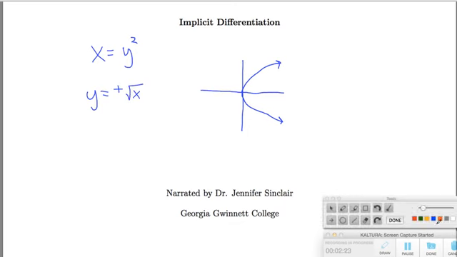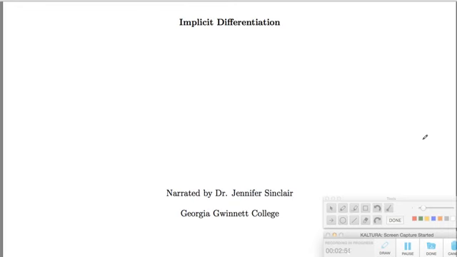The plus part, plus square root of x, would be this portion right here. And the minus square root of x part is the square root of x function flipped down, which would be the bottom part of the function. So if you're going to do a derivative, you'd have to do it in pieces, which is undesirable. So the method of implicit differentiation would be useful.